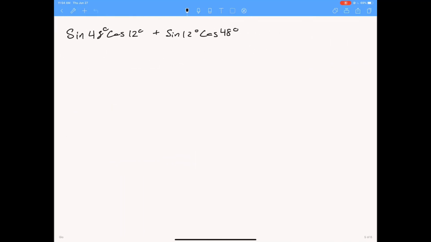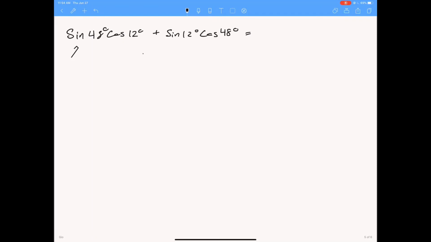Now we're going to go the other direction here. Looking at the expression itself, things like sine of 48, cosine of 12, I don't know the exact answer. But it does follow the format of our sum and difference identities. In fact, this looks like the sine sum and difference identity.